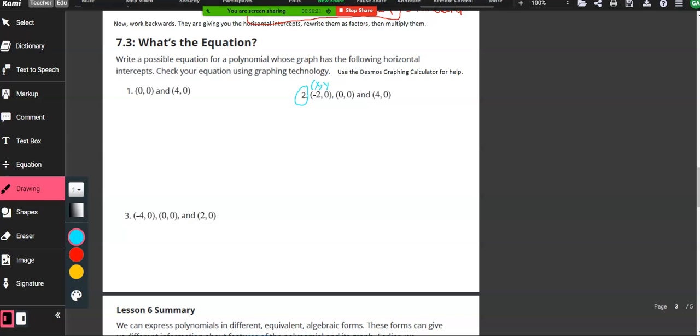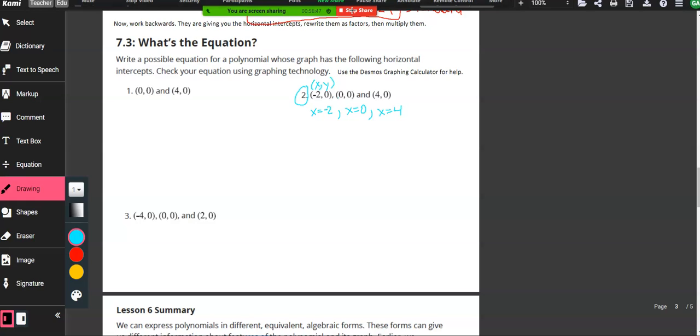This is x comma y. So negative 2 comma 0 means it has an x-intercept at negative 2. 0 comma 0 means there's an x-intercept at 0. 4 comma 0 means there's an x-intercept at 4. So you saw what I did there? The first number is the x-coordinate.